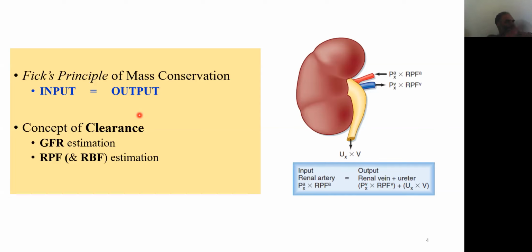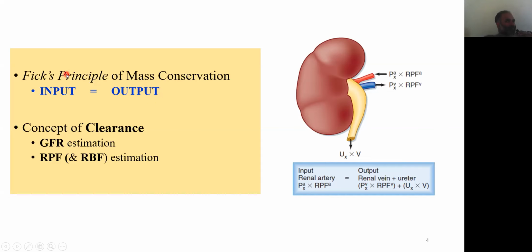And they will be constant. So the input will equal the output, because mass in this strict sense is conserved. It doesn't go anywhere. The mass of the substance which is coming in has to be equal to the mass of the substance going out.